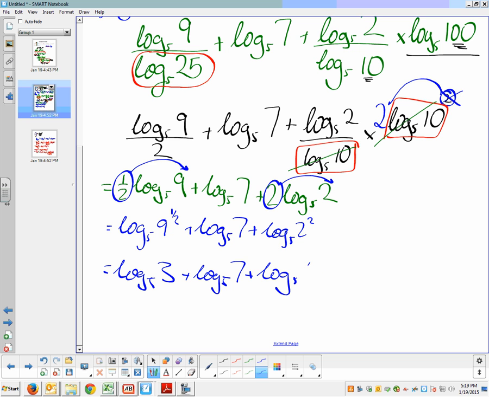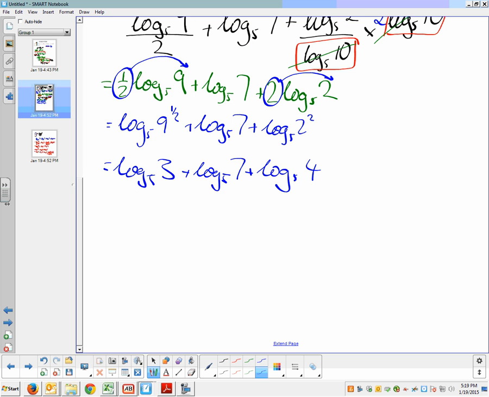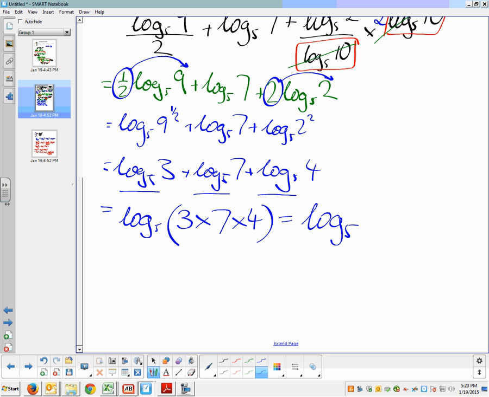Evaluating those, we get 3, 7 and 4, and then we can use our other log law that says when you add logs you can just multiply what's inside them, so that will become 3 times 7 times 4, and now it's written as a single log. 3 7s are 21 times 4 is 84.